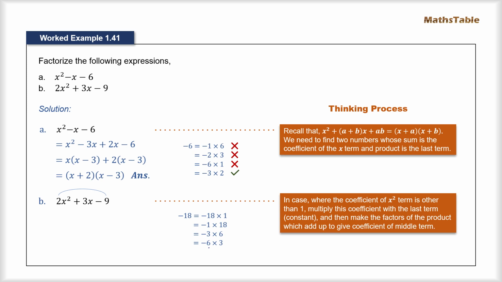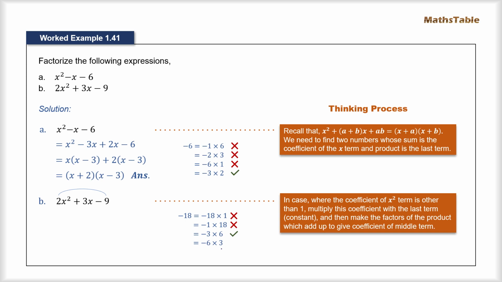Checking all these four combinations, the first combination gives us minus 18 plus 1, which is minus 17, so rejected. The second combination gives us minus 1 plus 18, which is plus 17, still of no use to us. But in the third combination, minus 3 plus 6 gives us plus 3, the same exact number which we need. So this combination applies in our case.